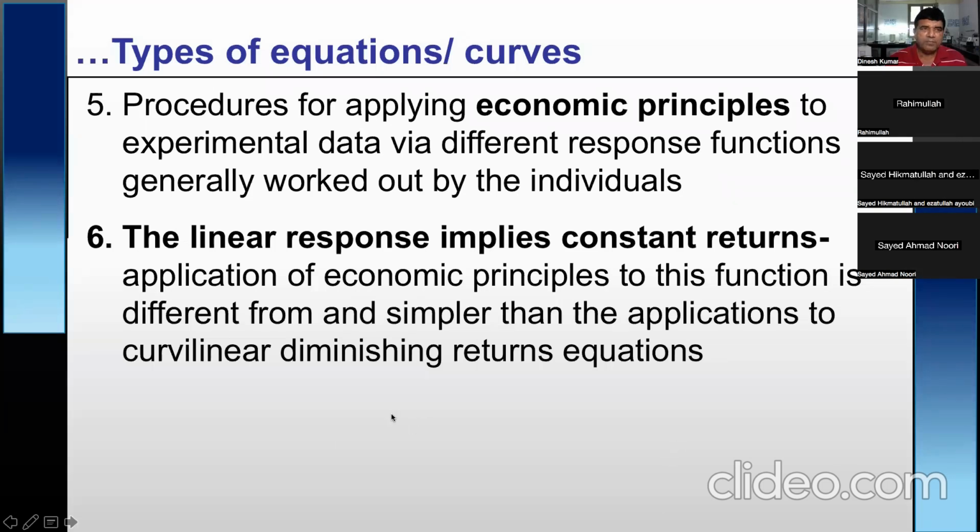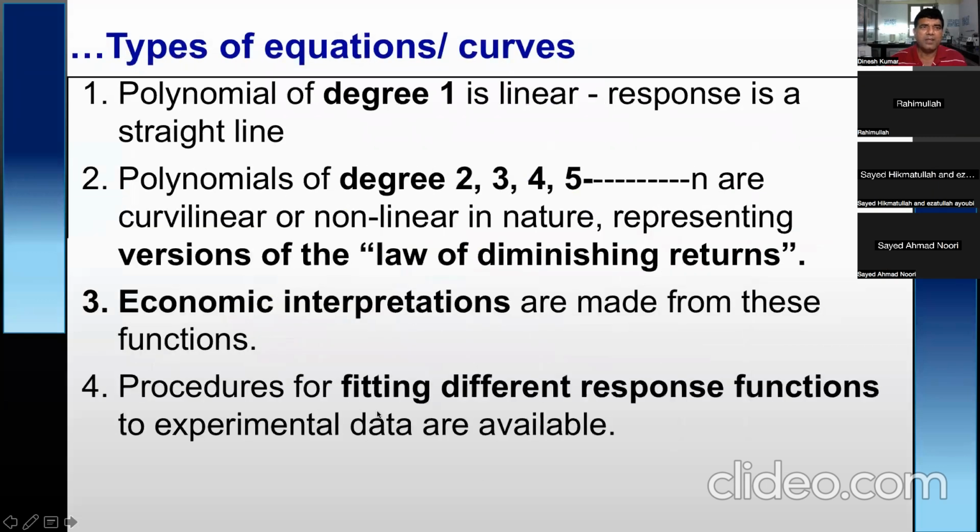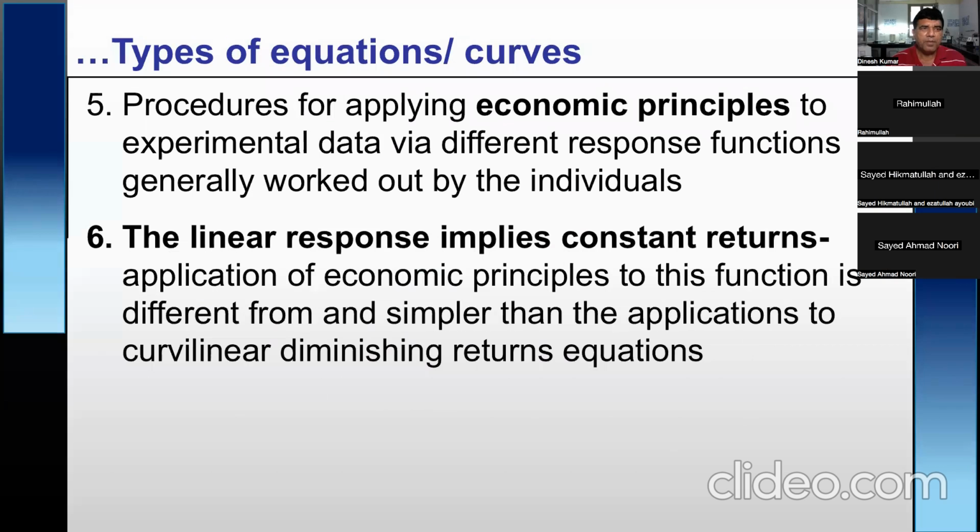So dear friends, welcome back to this class. In the last slide, you have seen different types of equations or curves. Now, the procedure for applying economic principles to experimental data via different response functions is generally worked out by individuals.